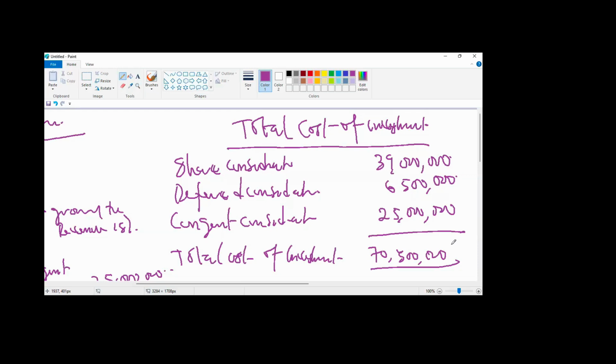So for the cost of investment now, 70,500,000 will be used.